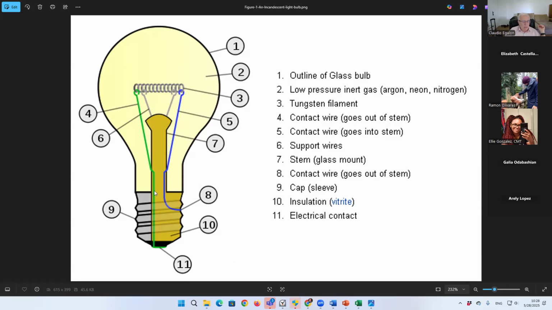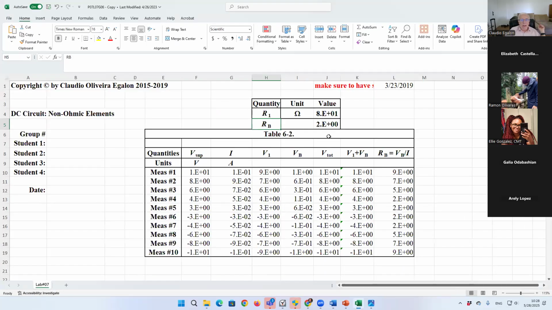This other wire here has almost negligible resistance. And the other probe of the multimeter, you touch right in here, okay? That's how you measure the resistance of the light bulb. And then you log the resistance of the light bulb right here. Don't forget to put the units, okay?